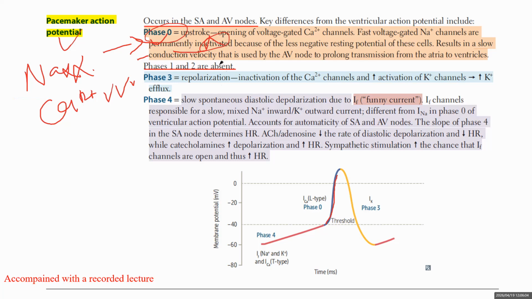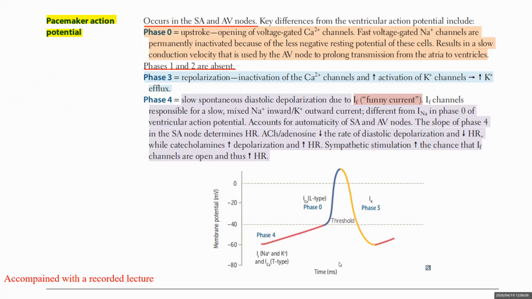After that, you see the phase 1 and 2 are absent over here, and we can also try to understand phase 3, which is the phase of repolarization once again. After the depolarization, the membrane must return to a more negative level, right? That is phase 3. During this phase, the calcium channels inactivate and get closed.